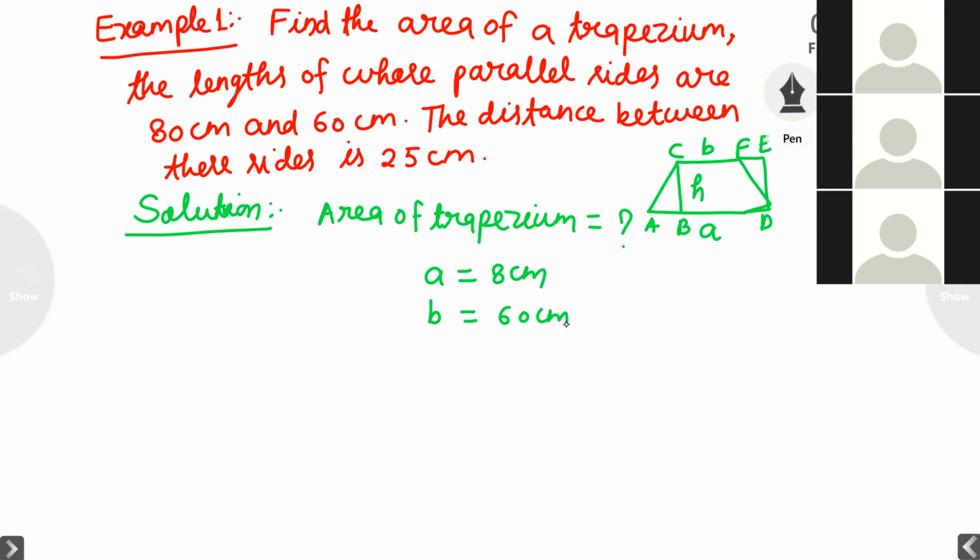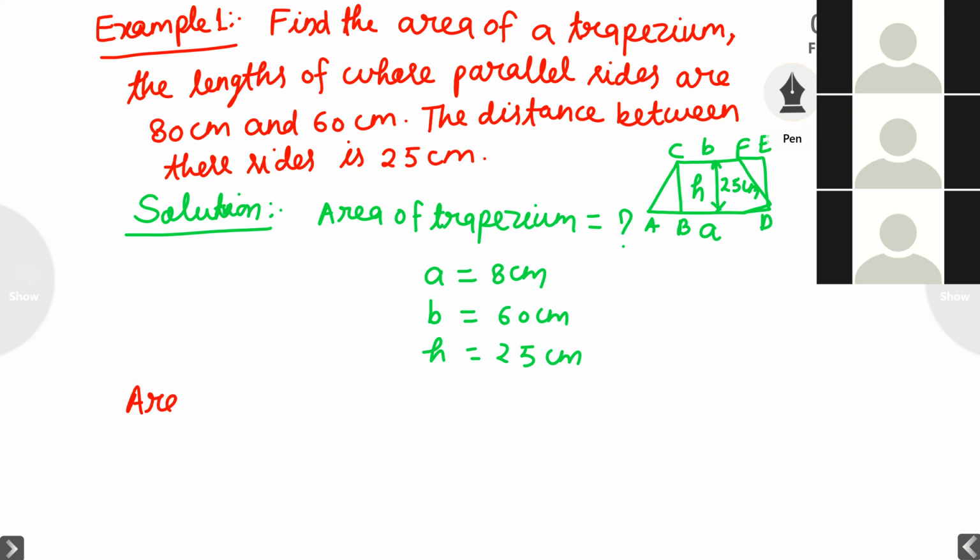After that, he has given the distance between these two sides is 25 centimeter. It means height is 25 centimeter. Height h is equal to 25 centimeter. Now I know the formula, area of trapezium equals height by 2 into sum of parallel sides, or area of trapezium equals h by 2 into A plus B.